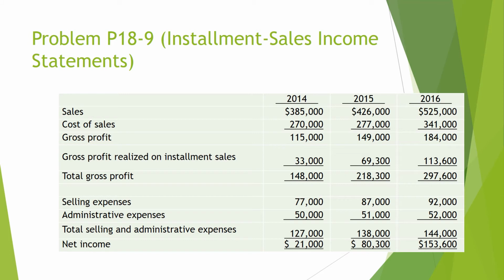So the income will be the total gross profit of $297,600 minus $144,000, which is $153,600.